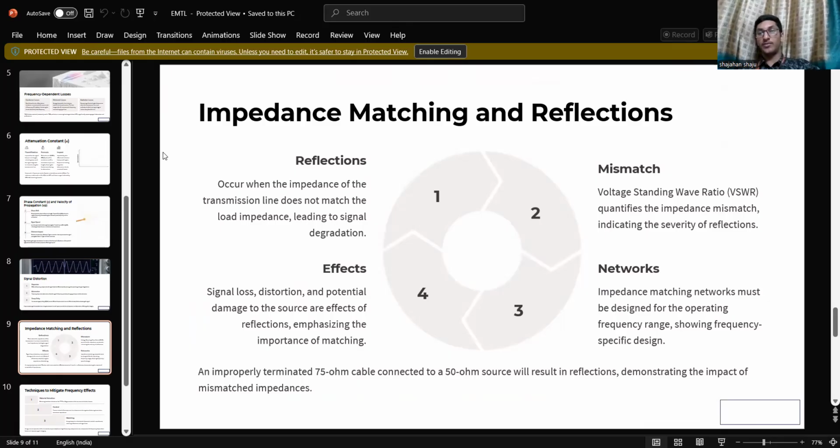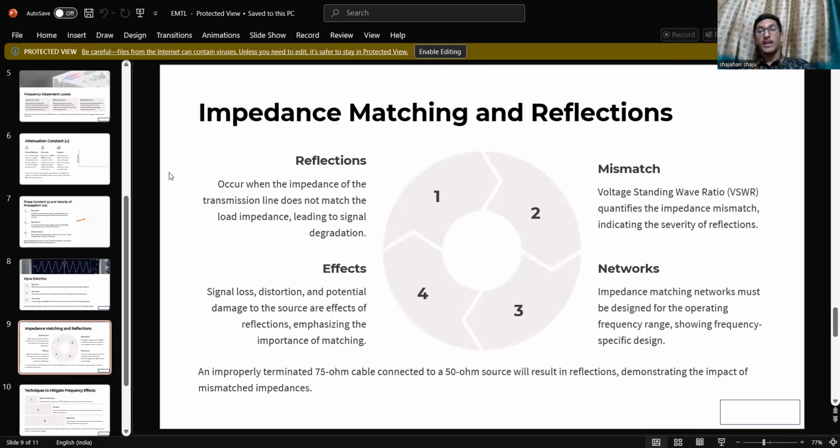Mismatches: voltage standing wave ratio, VSWR, quantifies the impedance mismatch and indicates the severity of reflections. Effects: signal loss, distortion, and potential damage to the source, emphasizing the importance of matching.